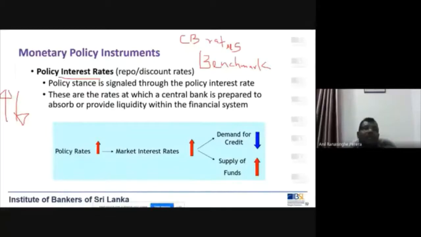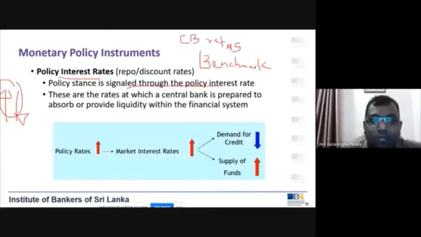That will signal the central bank's monetary policy stance, or the perception of the central bank. Now, if the central bank increases this interest rate, that indicates the central bank wants to have high interest rates because these are the benchmark rates. If you see interest rates going up, then you can think that the central bank wants to have a tight policy, which means they want to control credit.